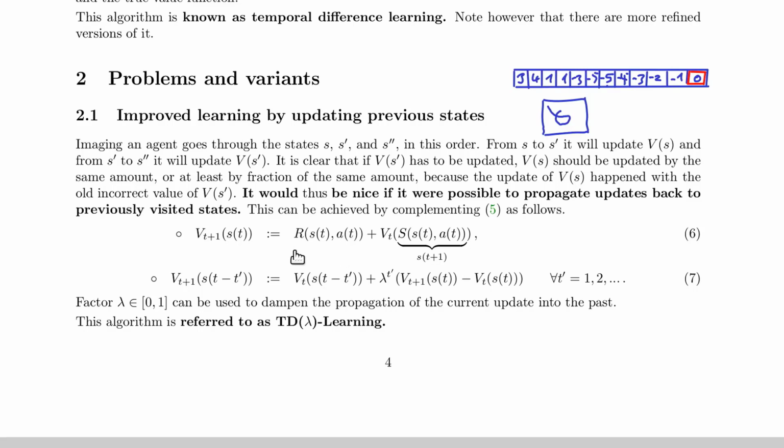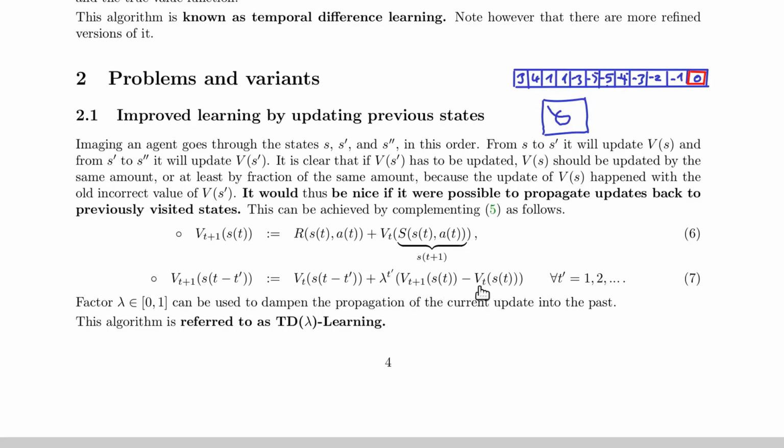And now what is added to this is that you also update the values of the states that have been previously visited, so s_{t-t'}. Because of the minus t', these are the states that have been previously visited. And you update these, so they're going from v_t to v_{t+1} by the difference of the value of the current state.